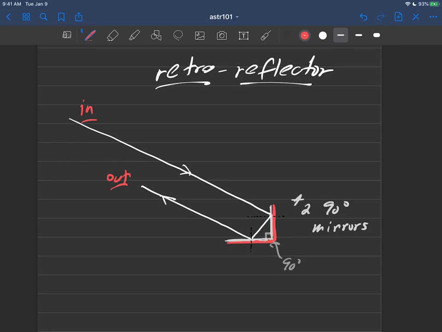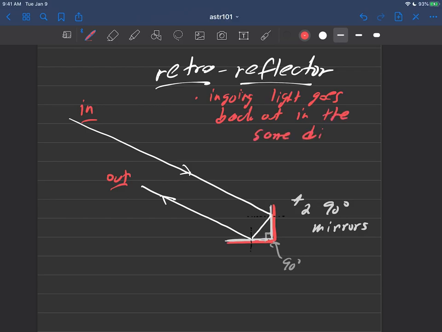So look at it and maybe see what you think a retroreflector does. Well, what a retroreflector does is send ingoing light back out in the same direction.